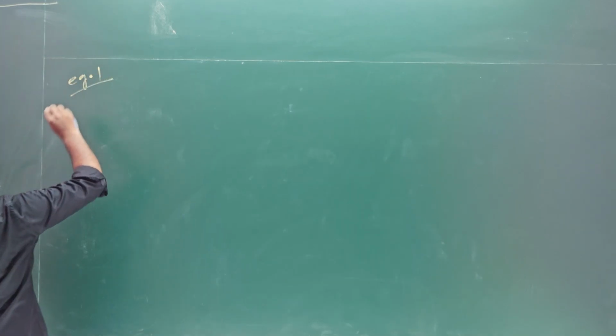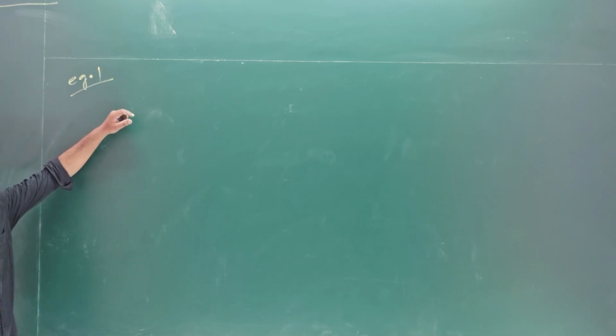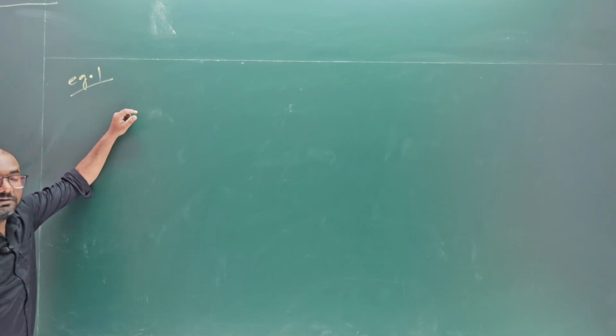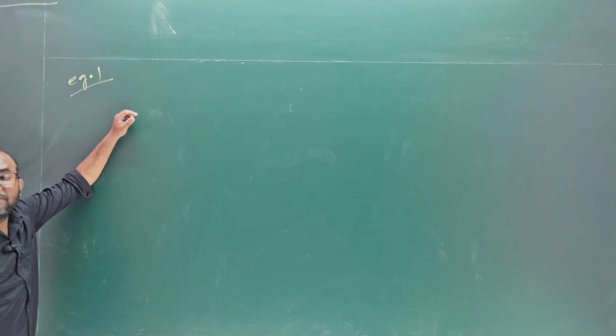Example number 1. Now, in the previous example, the displacement equation was given, and they can ask you distance, average speed, average velocity, and so on.